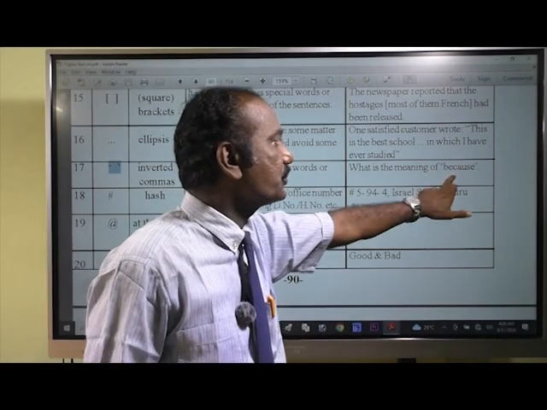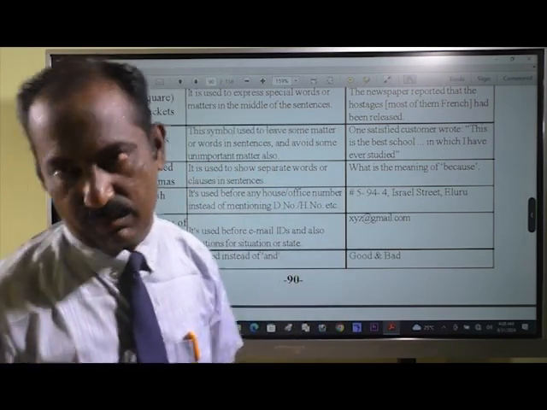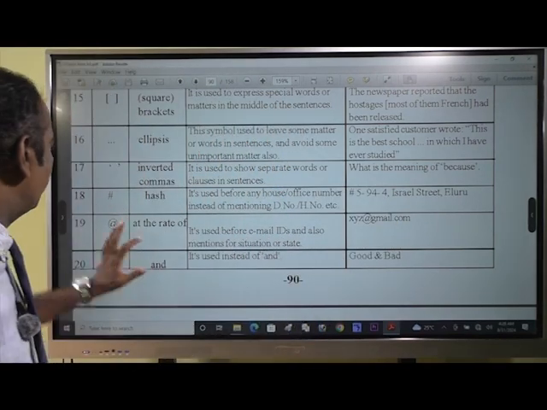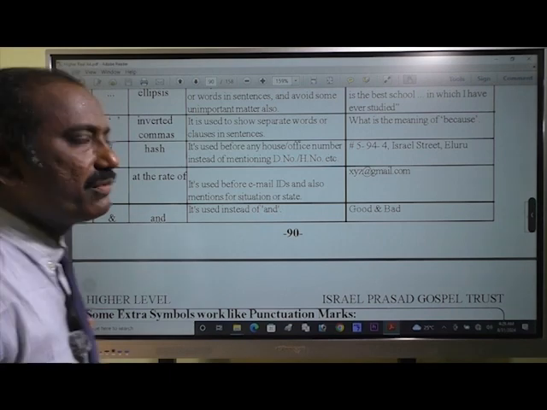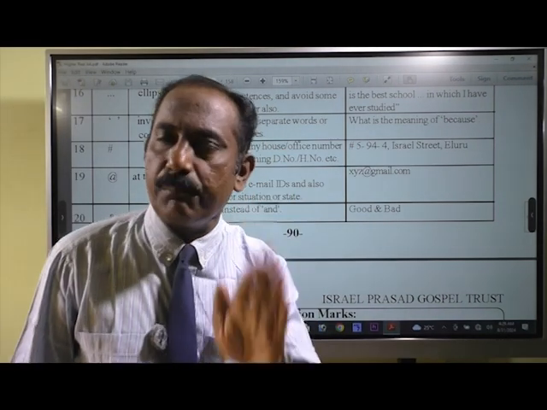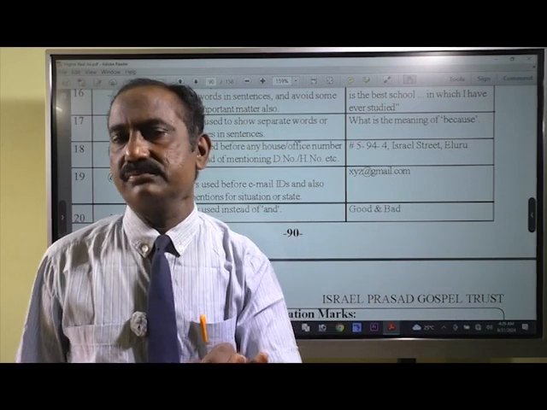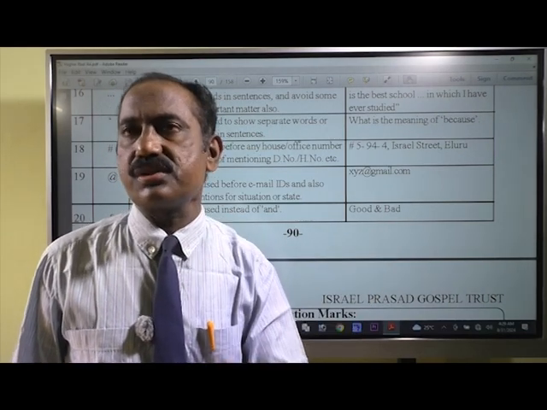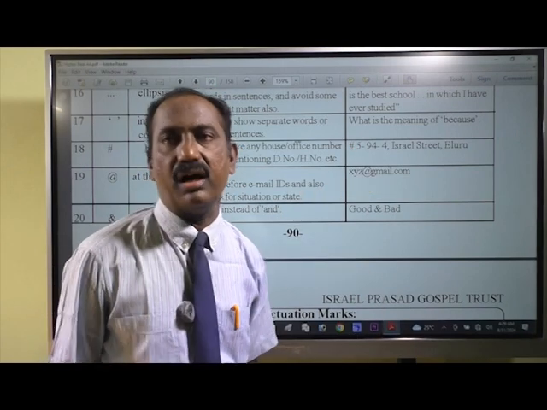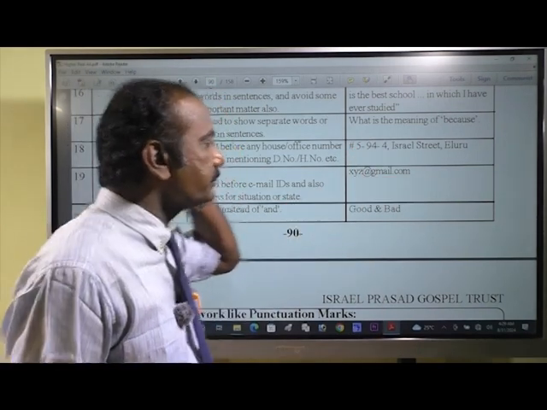That is why 'because' is used in inverted commas. That is the meaning. Hash is always used to reveal some important number, door number, office number, any address number. If you want to reveal it, you use the hash symbol before the number.